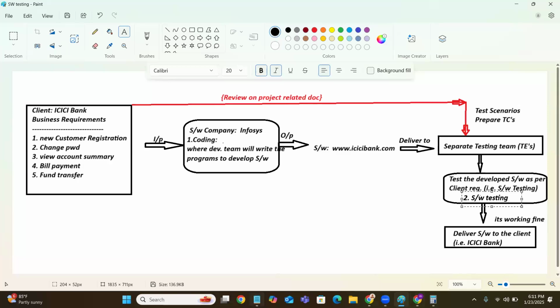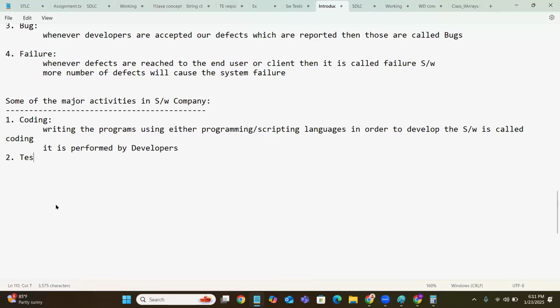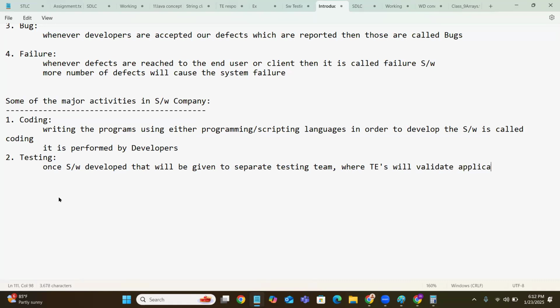Second thing, testing. Once the software is developed, it will be given to a separate testing team, where test engineers will validate the application as per client specifications.